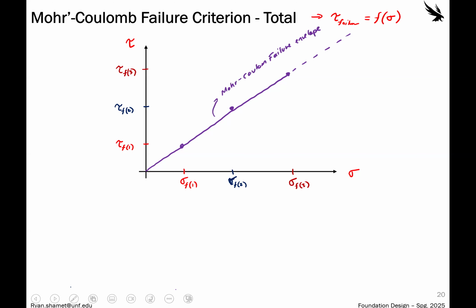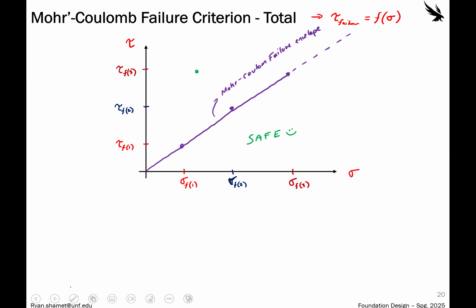Which is kind of cool, because essentially what we're saying is if we have any combination of normal force and shear force in our soil below this level, then we are safe. There's no failure. So failure is represented by the function, or by that envelope.